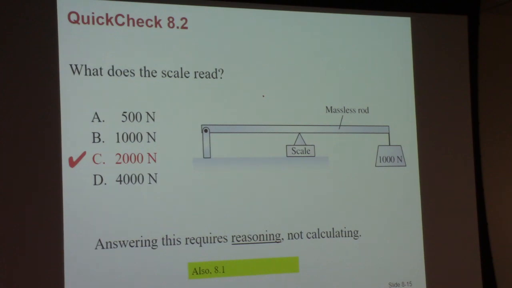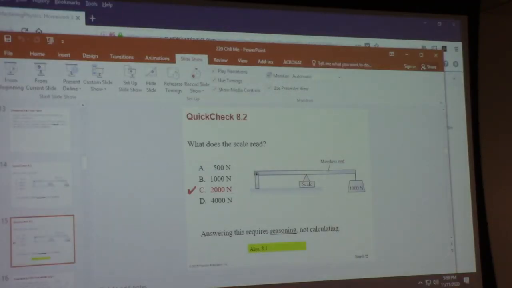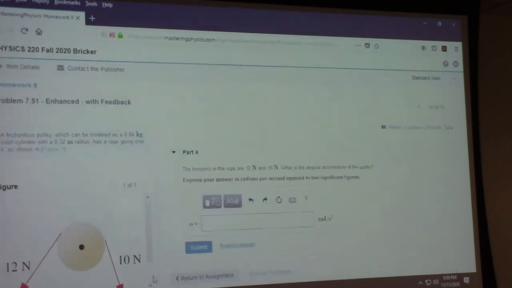So let's see problem 8.1 real quick. All right, one second.